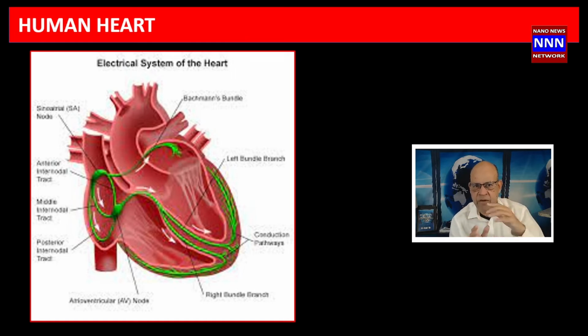So we have to have a certain amount of delay between the upper chambers and the lower chambers for the heart to fill the blood into the ventricles or the lower chambers. From there, we have the right and the left bundle branches which supply these electrical impulses to both the ventricles.